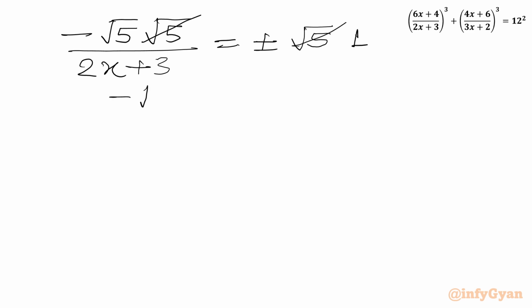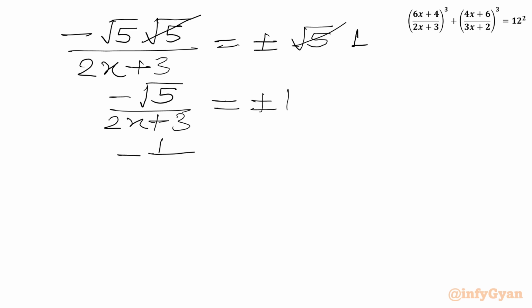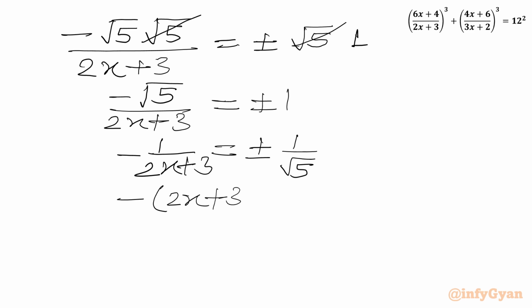I can write minus root 5 over 2x plus 3 equal to plus minus 1. Or I can write minus 1 over 2x plus 3 equal to plus minus 1 over root 5. Now I will consider reciprocal both sides. So minus of 2x plus 3 will be equal to plus minus square root 5.